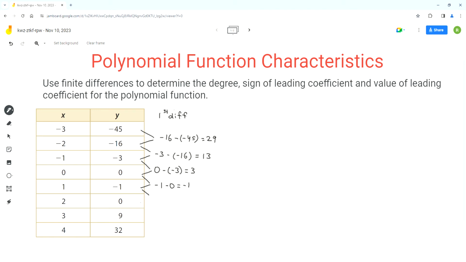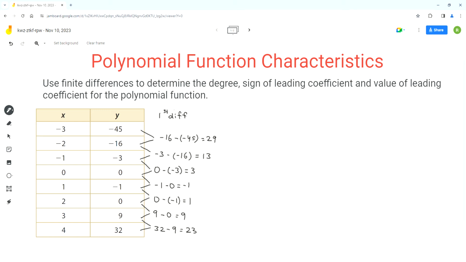And then we do 0 minus negative 1, which is equal to positive 1. And then we do 9 minus 0, which is equal to 9. And then we do 32 minus 9, which is equal to 23.